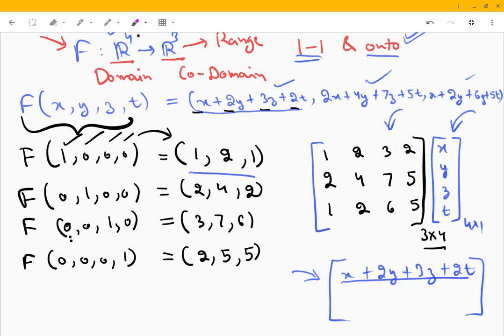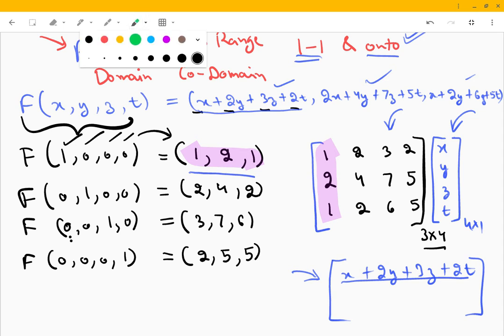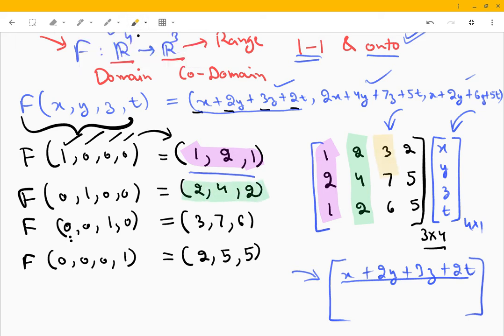Observe what I'm highlighting right now: this column and this tuple, then this column and this, then this and this. You get the idea of what I'm doing?